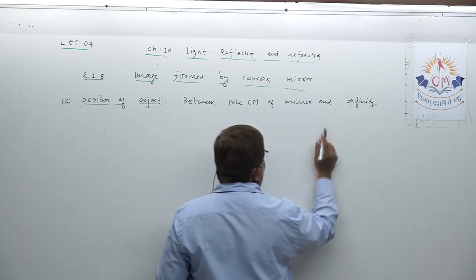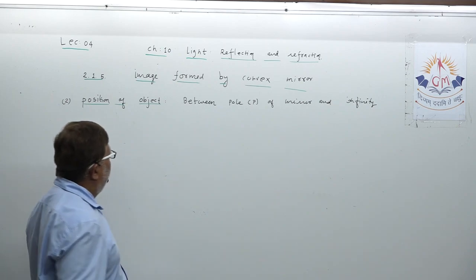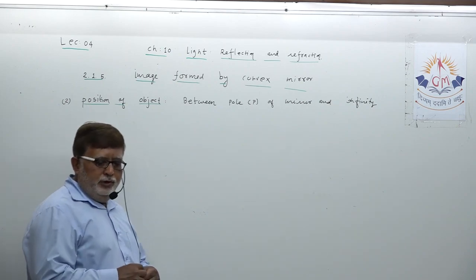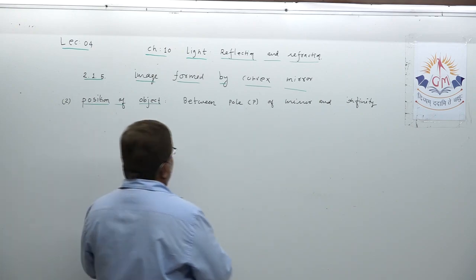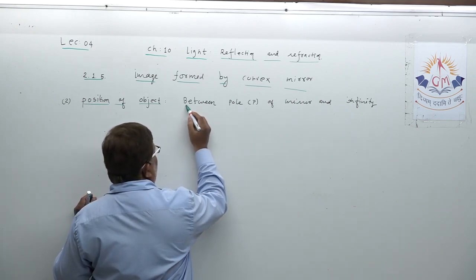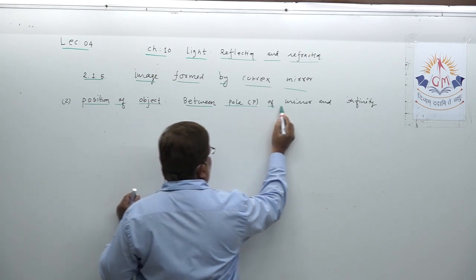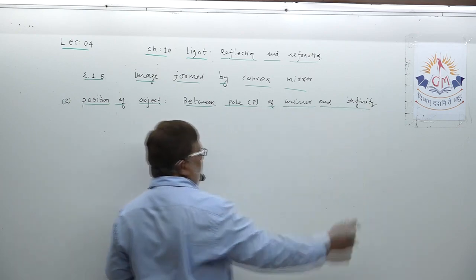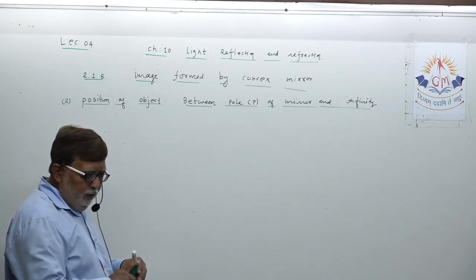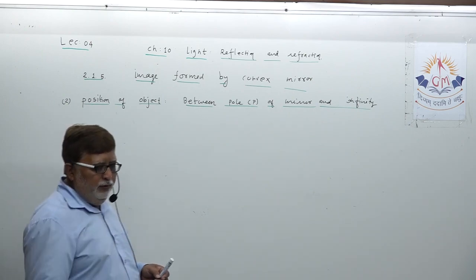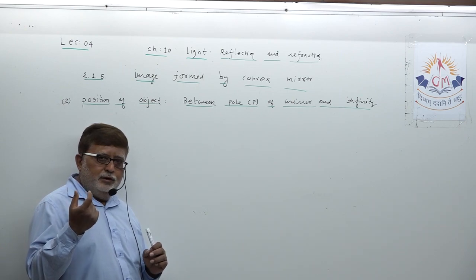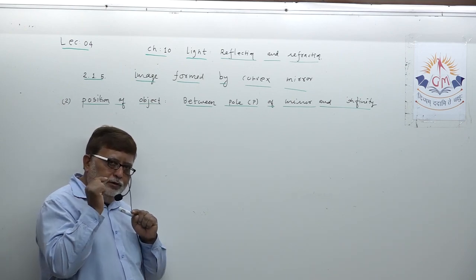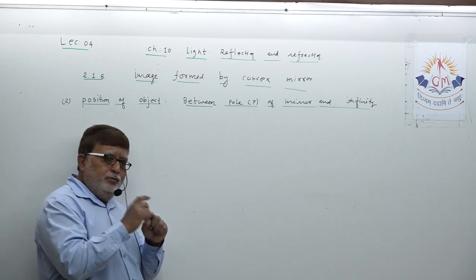That means we are bringing the object nearer to the mirror from infinity. And we are trying to understand the image. Position of image is now between pole and infinity. Understand? That means the object at infinity is brought a little nearer to the mirror.